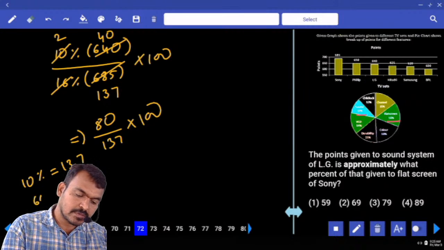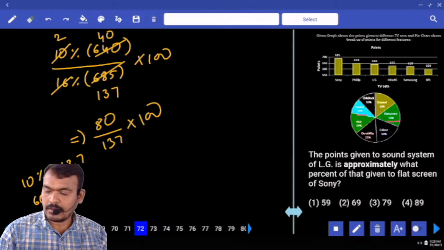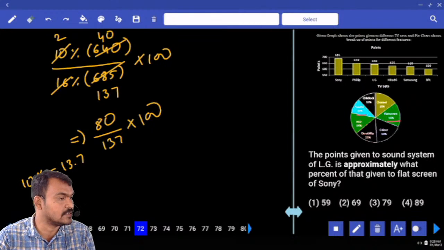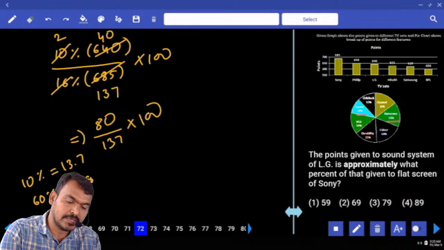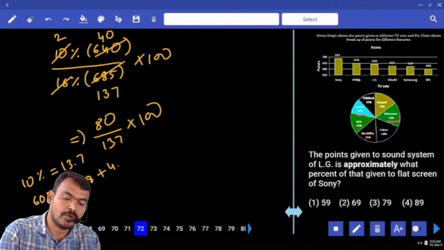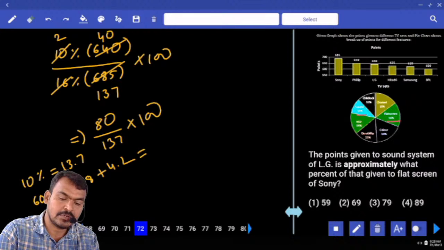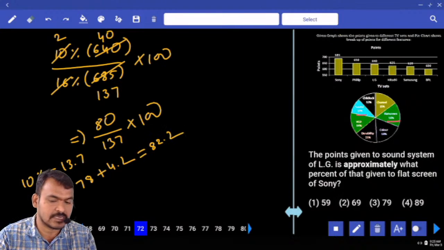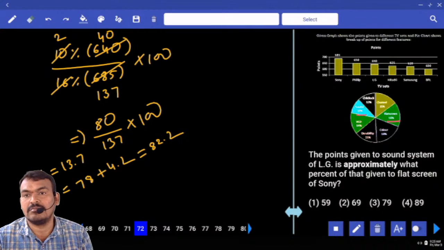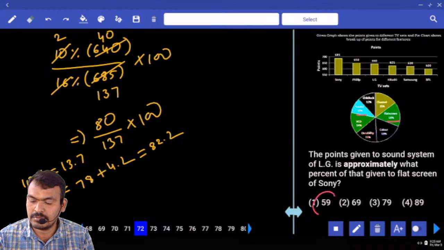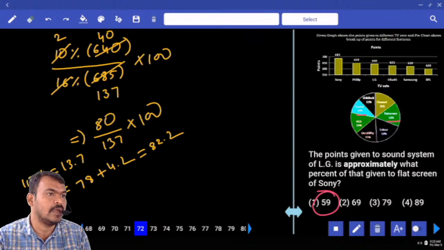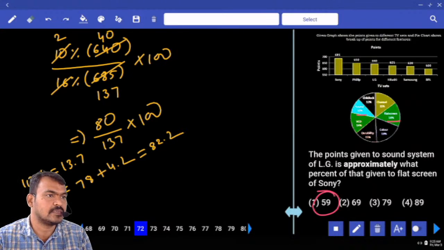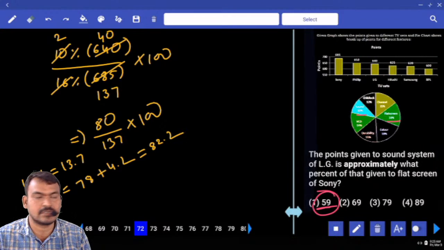What is the 60%? 78. 78 plus 6 sevens are 4.2. It is 82.2. Then the answer is less than 60 but nearby 60 or not? Which option? 59. Less than 60 or more than 60? Less than 60. Which option is nearby 60?